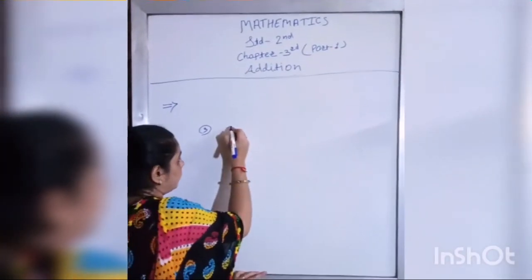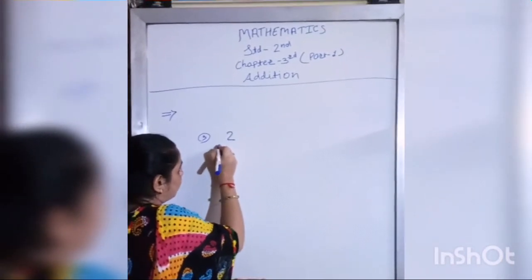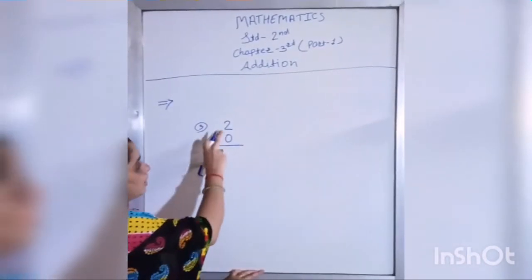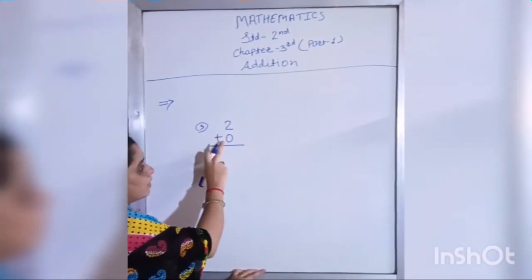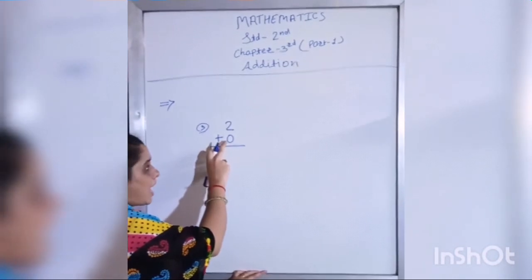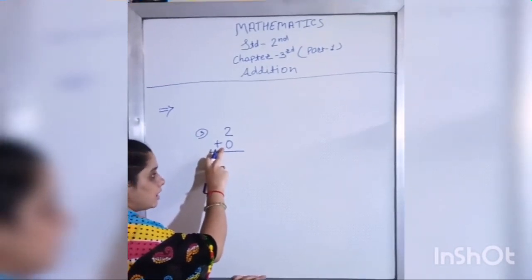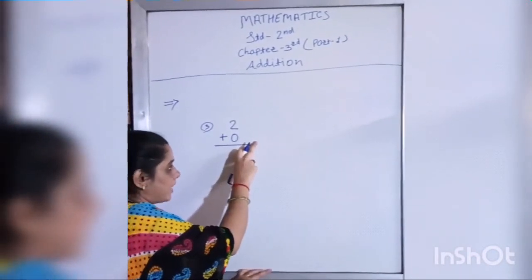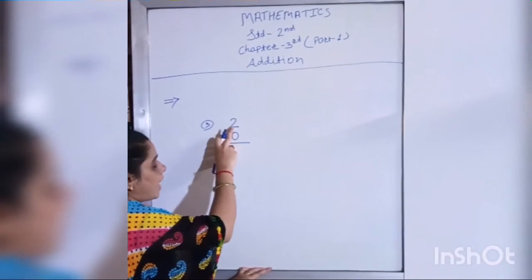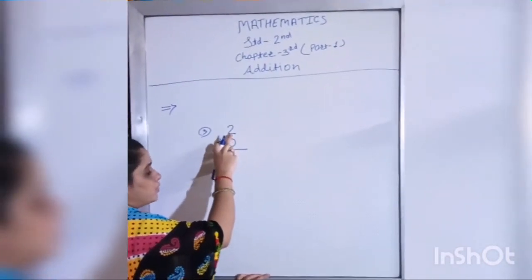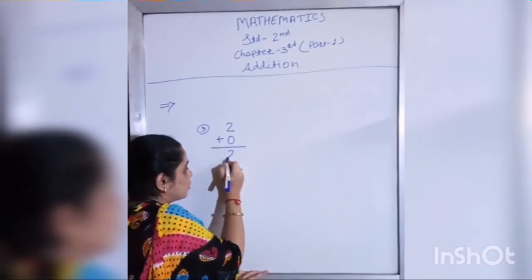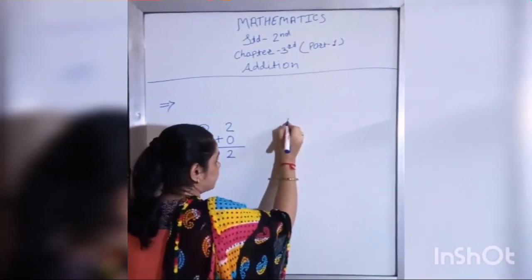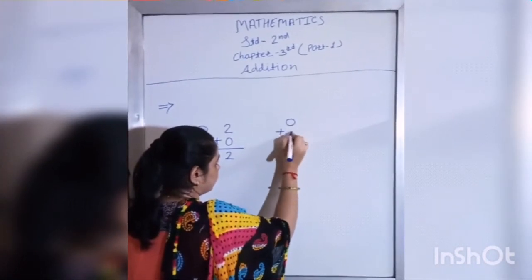See another example. 2 plus 0. Which is the big number here? 2. Next number is 0, as 0 is nothing. So we are not going to draw any line. So when we add 0 in 2, we get answer 2 itself. See one more example. 0 plus 6.